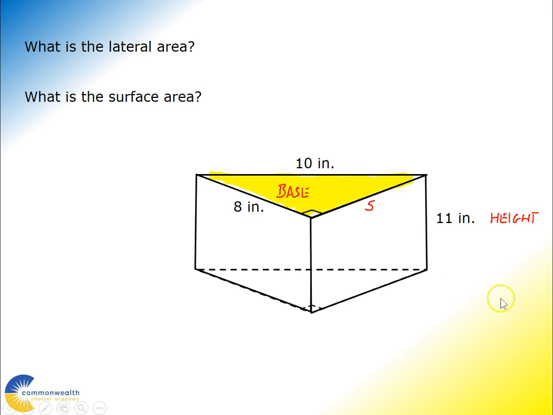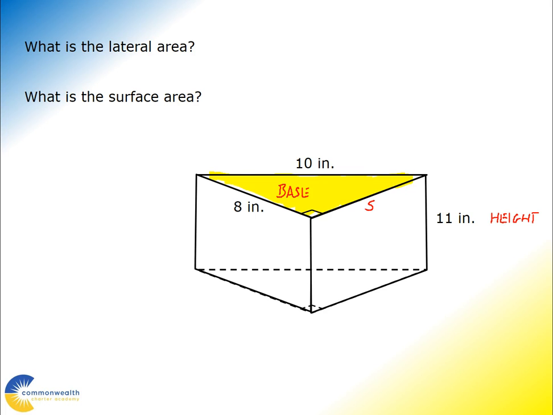I could easily find the length of this other leg over here using the Pythagorean theorem. And along with that, it says 5 there. I might mark that just as S until I get a chance to calculate it. But the height of the prism is this 11 inches here.